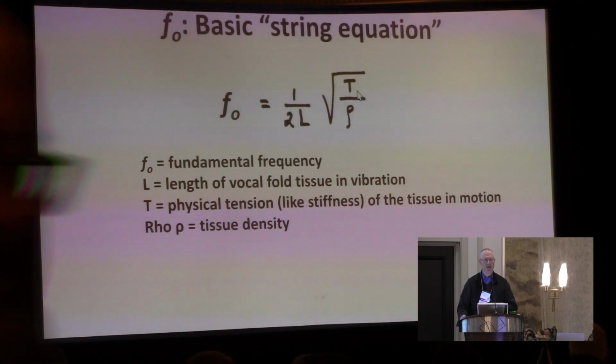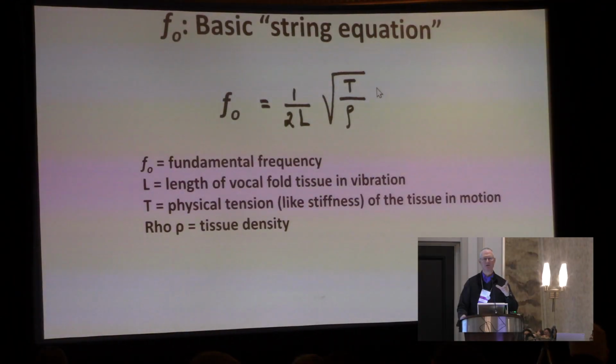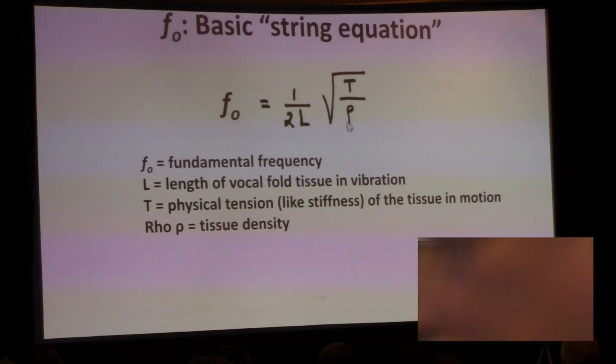T is the tension, physical tension, of the vocal fold itself. If you elongate the vocal fold, the tension increases. That's passive tension that increases. If the vocal fold muscle is involved in the motion, if you contract the muscle itself, its active tension increases, so the tension increases. And so this tension aspect is very important, as well as the length.